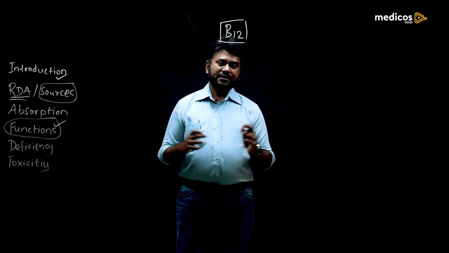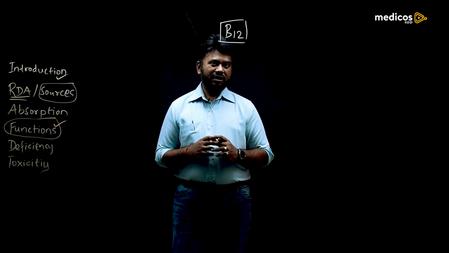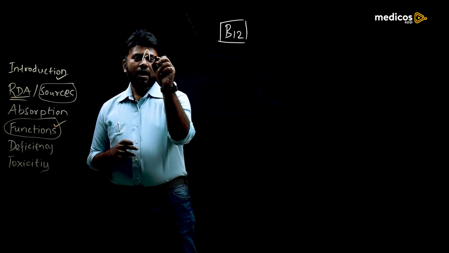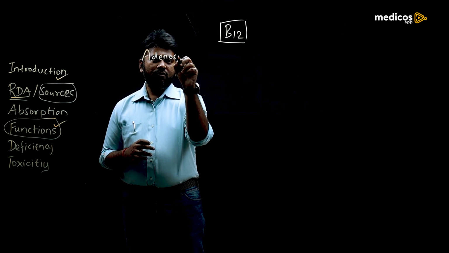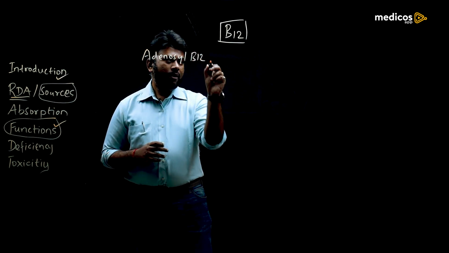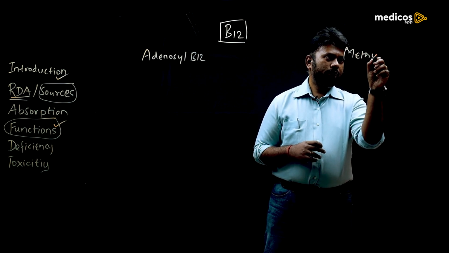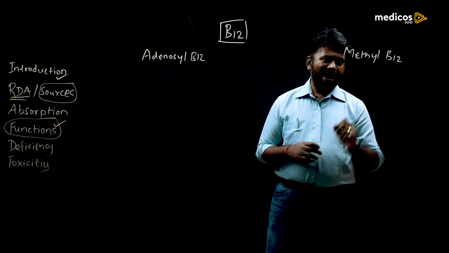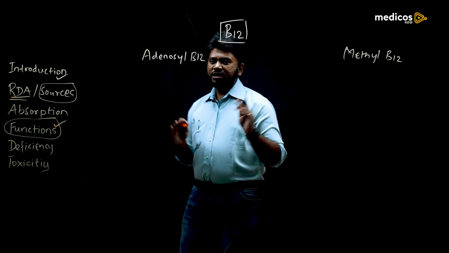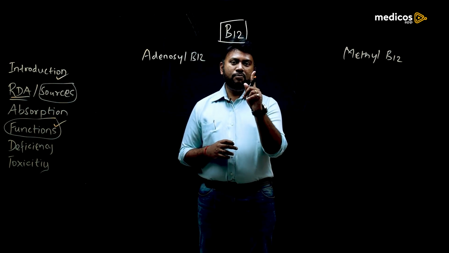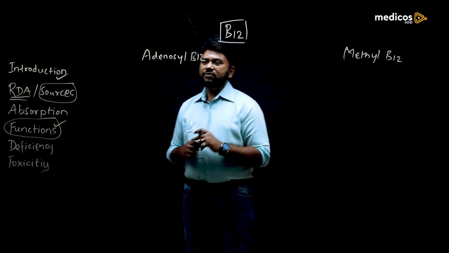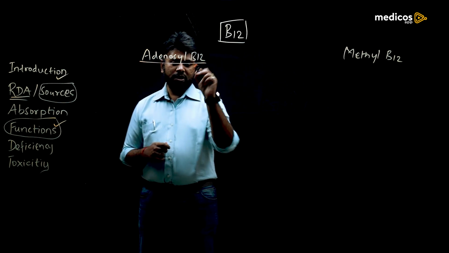Now we will discuss the biochemical functions of vitamin B12. Initially I said that there are two active forms of vitamin B12. One is adenosylcobalamin, or shortly called ADO B12, and the other one is methyl B12. These are the two active forms. Each of these active forms has one important function in our body. First we will see adenosylcobalamin.